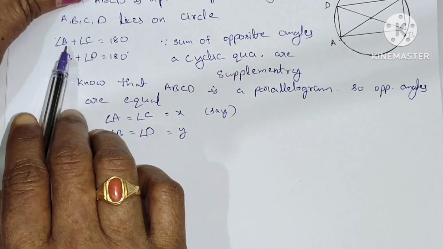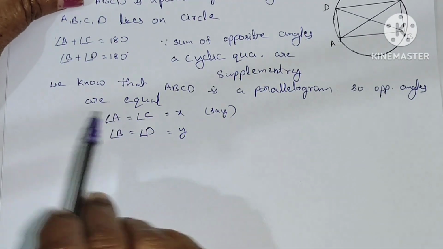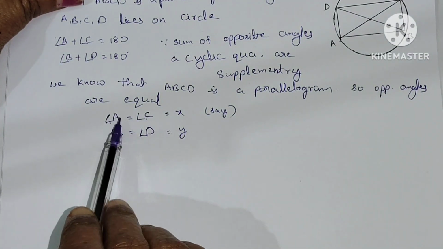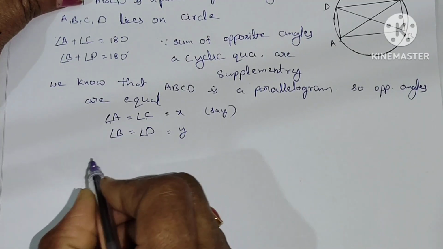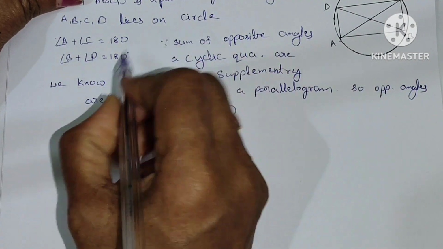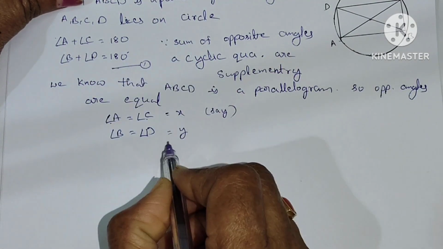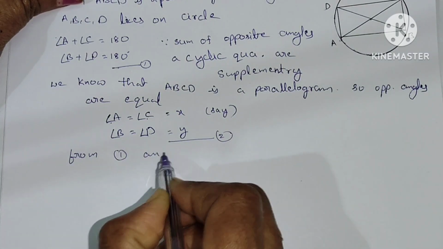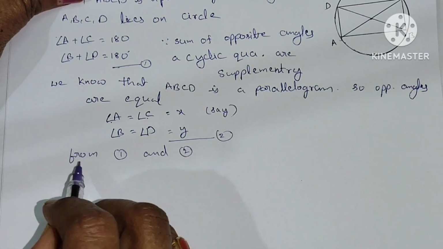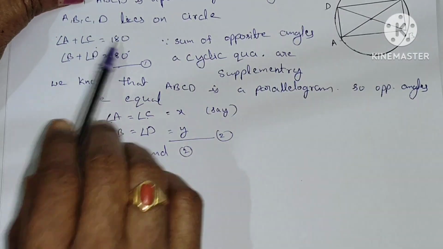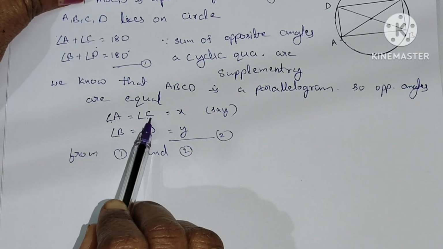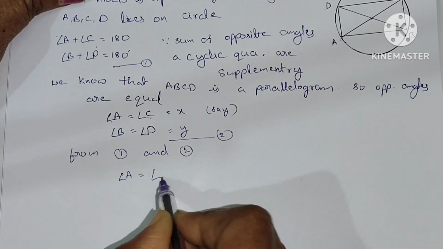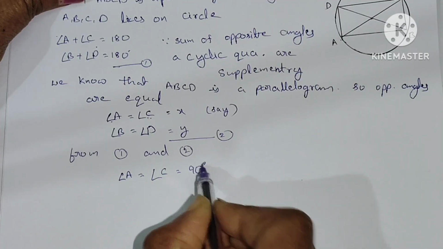This is equation 1 and this is equation 2. From 1 and 2, angle A plus C equals 180 and angle A equals C, which means angle A equals angle C equals 90 degrees.